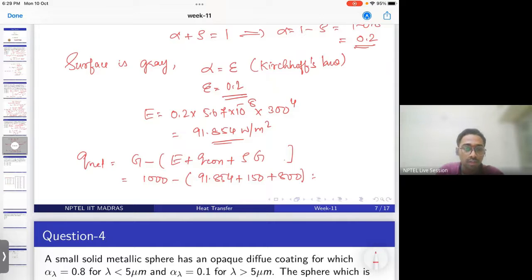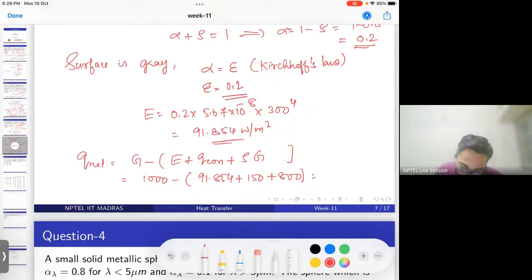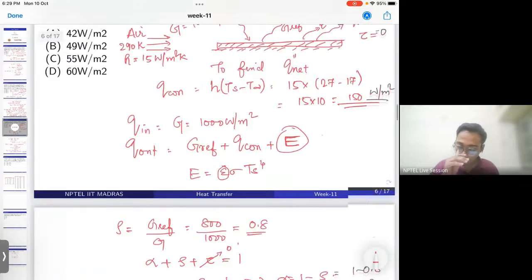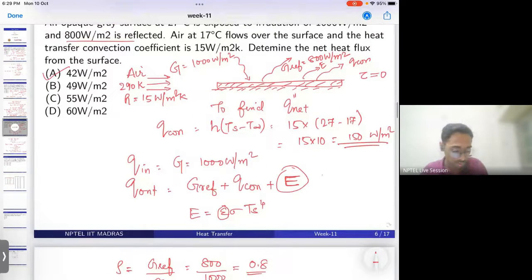So if we calculate this, we will get minus 41.854 parts per minute. As the minus sign is given, it is because the surface is losing heat. So the answer is option A.